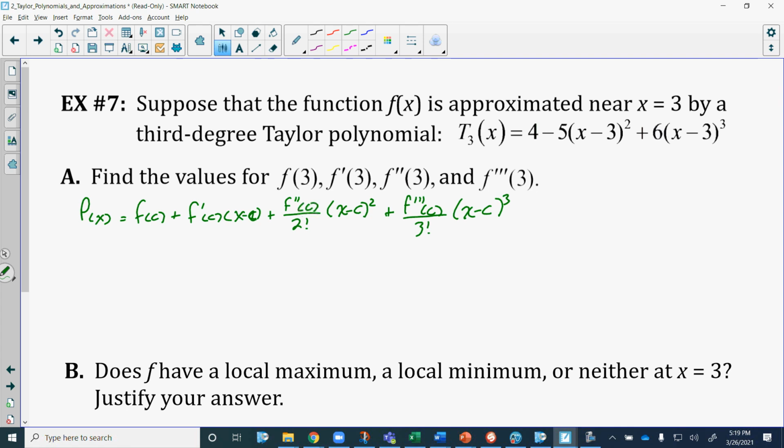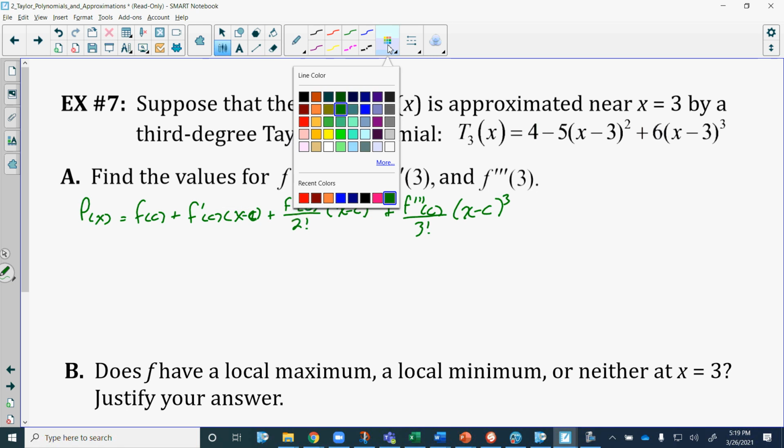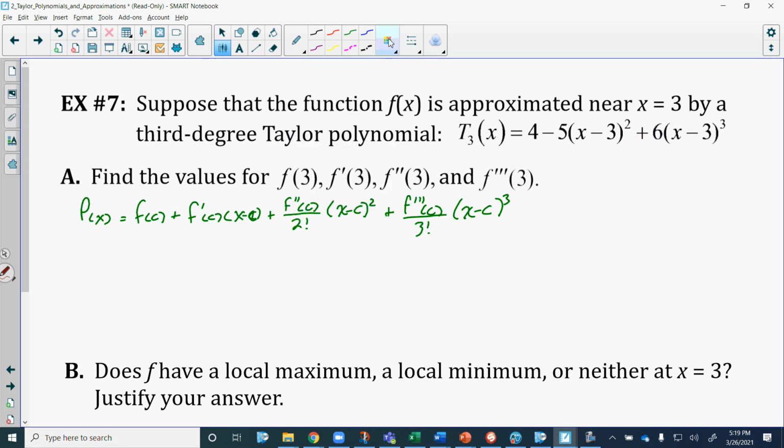Now f of 3 is probably the most straightforward one to get. This is stuff that you've been doing since your early days in mathematics. For f of 3, we're going to just take it and plug it into the Taylor polynomial as it was given to us.